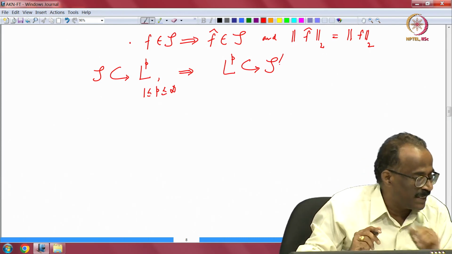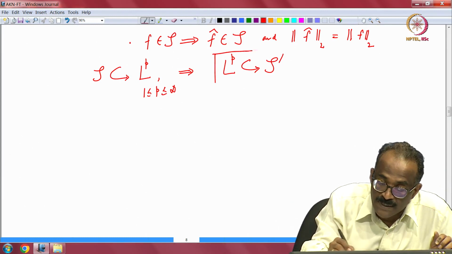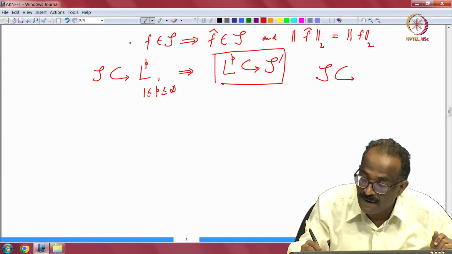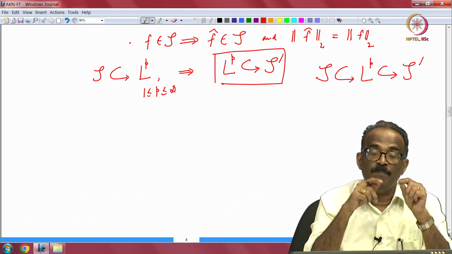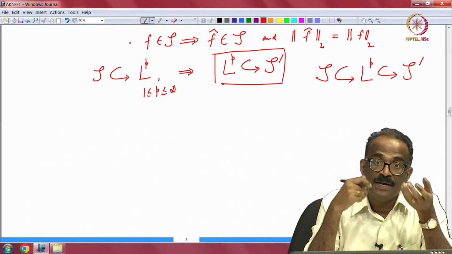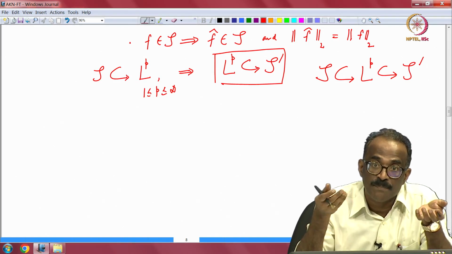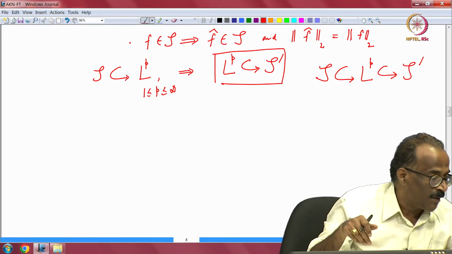So you have all these embeddings: zeta contained in LP contained in zeta prime. Once we define the Fourier transform on zeta prime, the elements of tempered distributions, you get all of these.